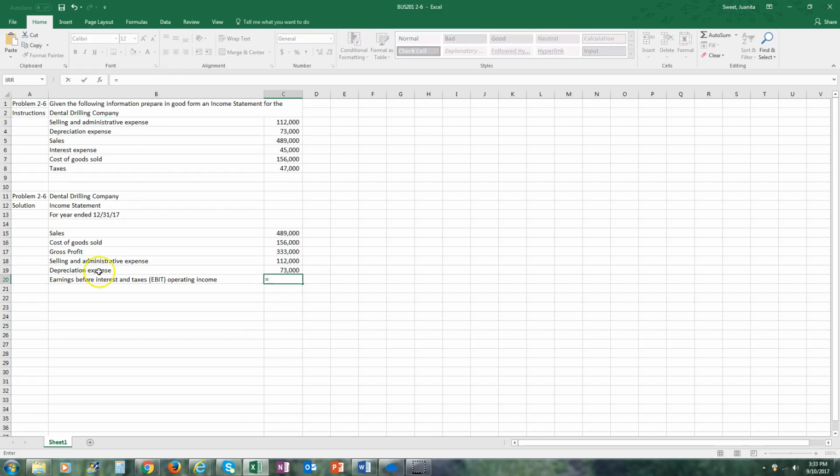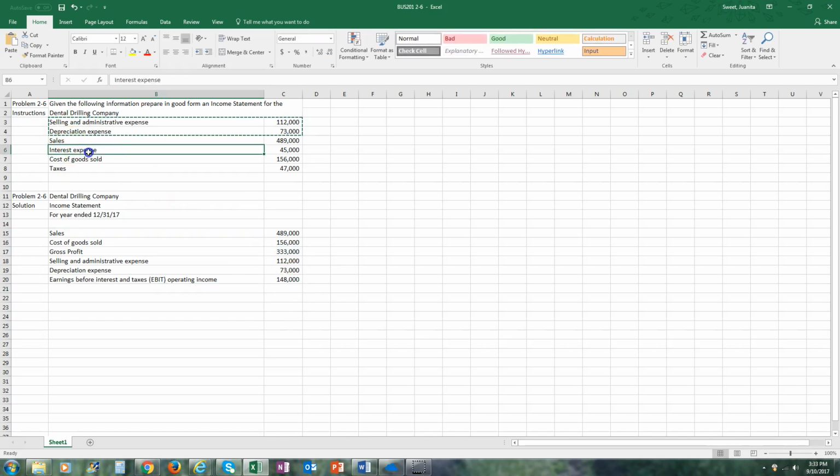So this is going to be gross profit, then had to cover our general expenses and our depreciation expense. Next, we would pick up our interest expense. How much did it cost us to use other people's money?